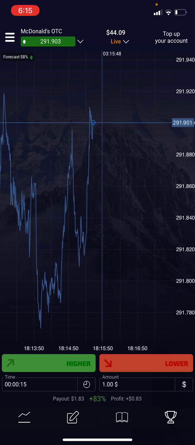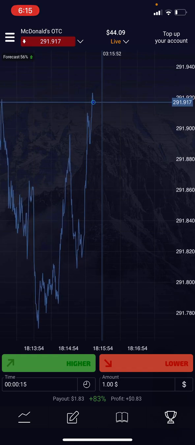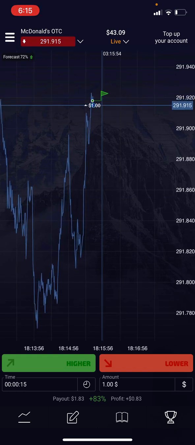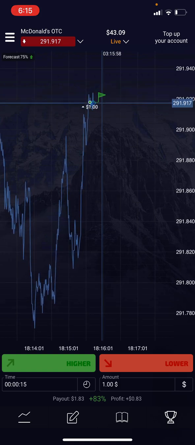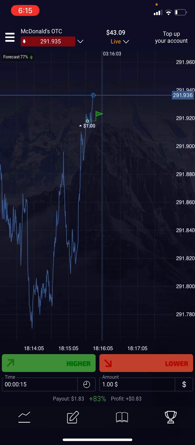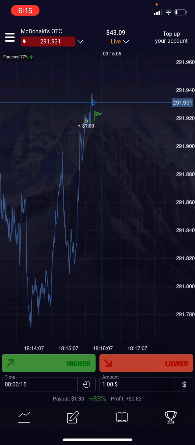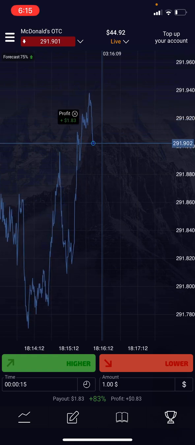What we're doing here with options is we are simply picking our option, right? That price is going to be above or below a particular point at a particular time. So in this example, I just clicked higher, right? And I was right.